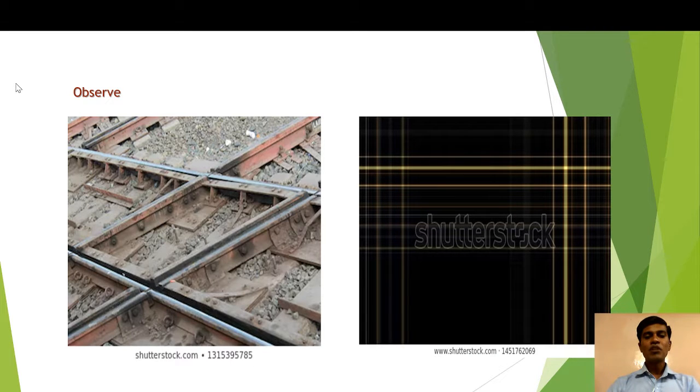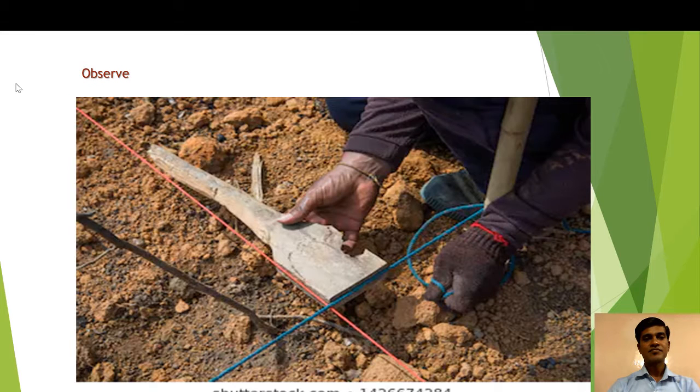Here we have some more pictures. Let us observe them. We can see a railway track crossing unit and a particular design on a handkerchief. Here a mason is doing his work at a construction site.